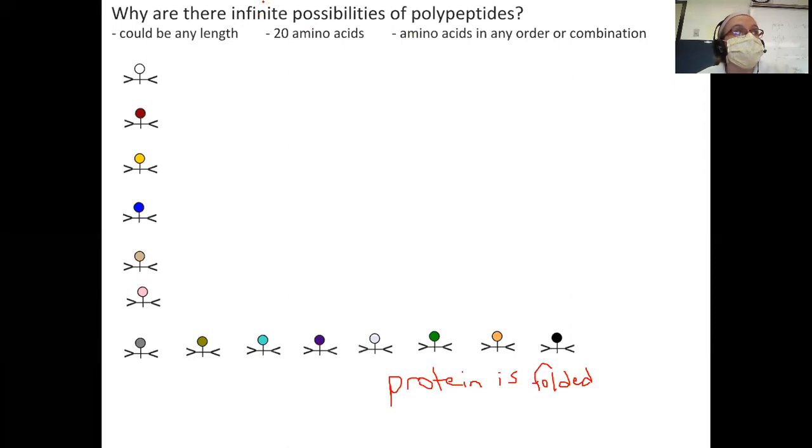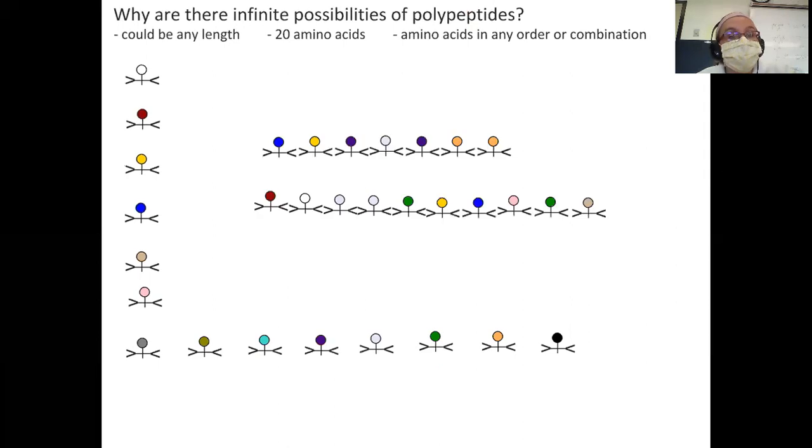Okay, so you have infinite orders of possibilities with the 20 amino acids, and then you could also recombine the polypeptide chains in many different ways. So proteins are super complex. Okay, so these are just an example of different orders that you could have them in.